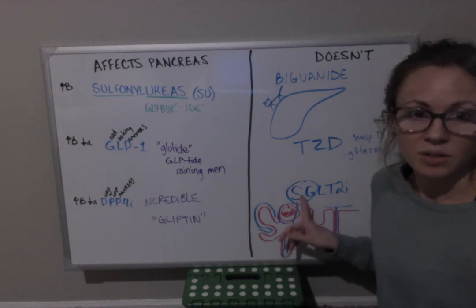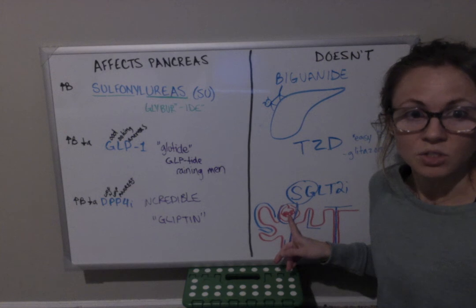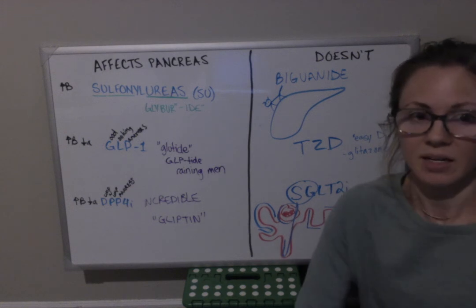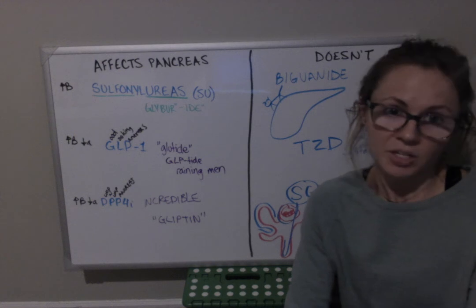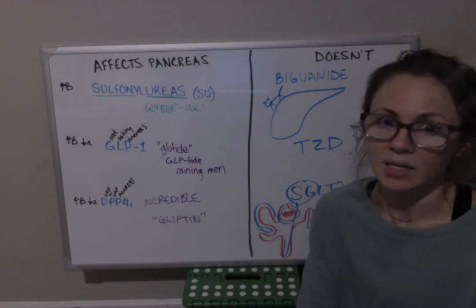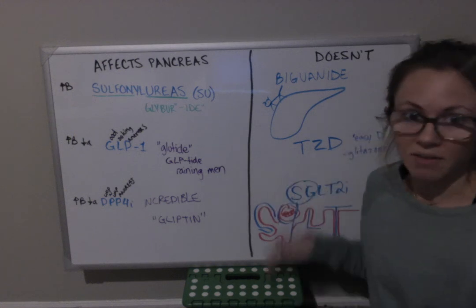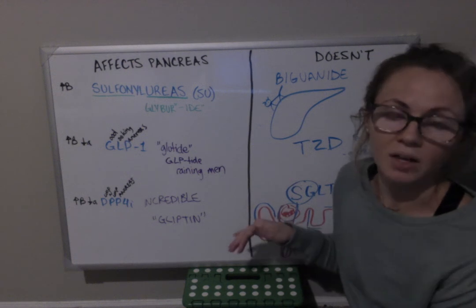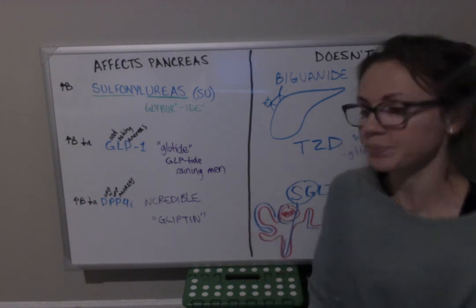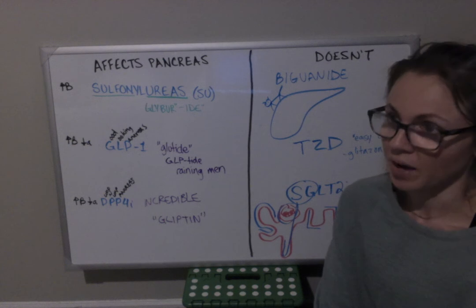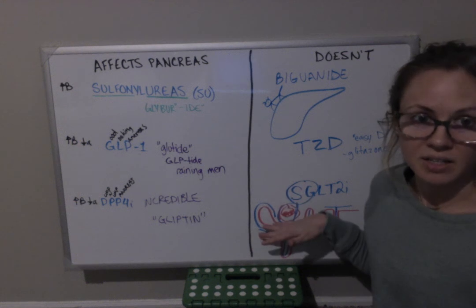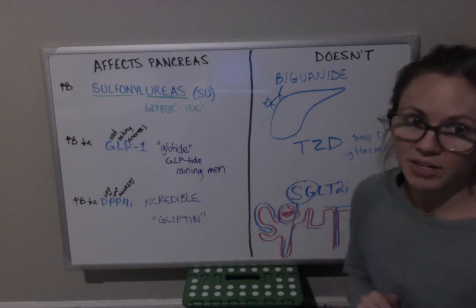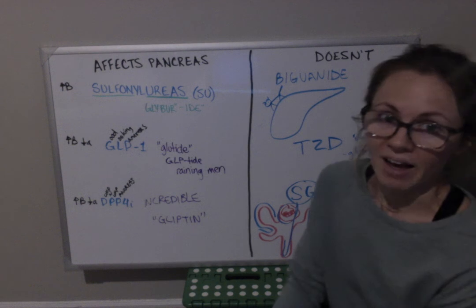This is going to be actually your first line that you want to choose because it reduces albuminuria, and it takes that burden off the kidney of having to reabsorb all the sugar that most diabetics have in their blood. So that was counterintuitive to me at first, because I thought, oh, if it's acting on the kidney, then it's bad for kidney disease. But actually it's good as long as their GFR is at least 45.